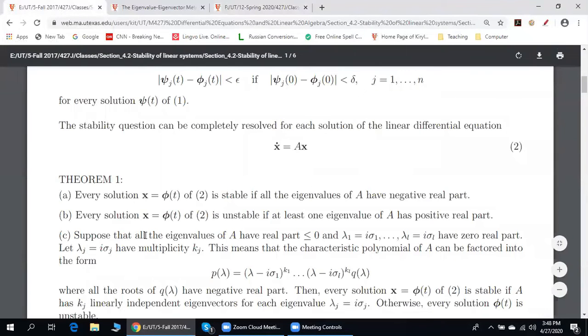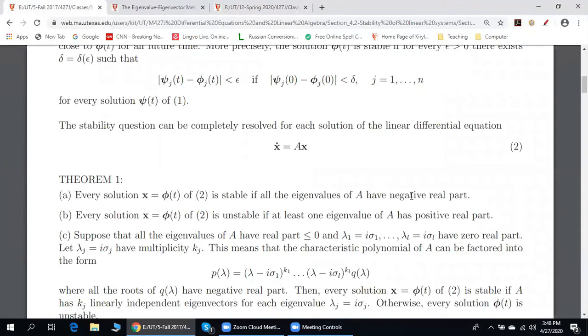But now, guys, please take a look at C. In A and B, we are talking about positive or negative real parts. Question: what if there are eigenvalues where a real part is equal to 0? Here's what we do here.